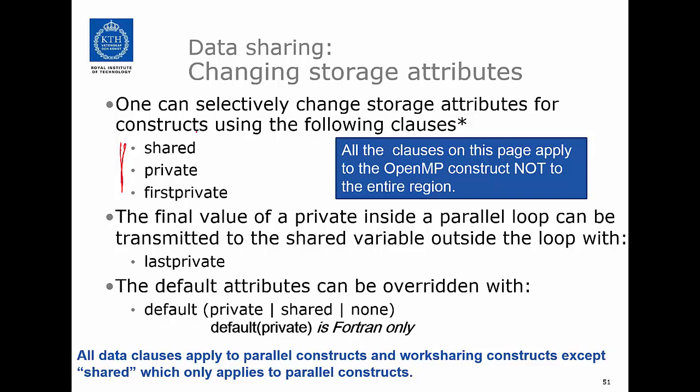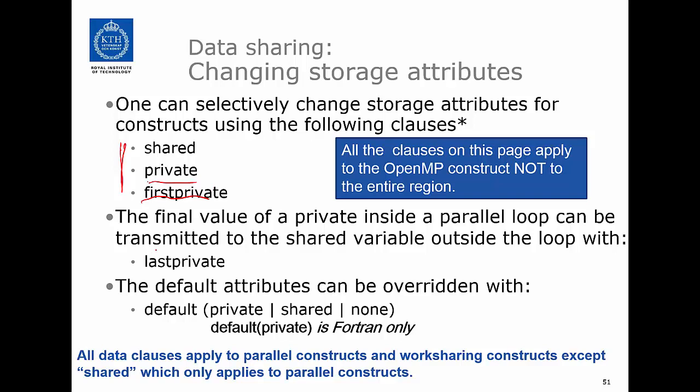This is useful only in Fortran actually, because things that are private by default cannot be made shared in OpenMP, but shared variables that are shared by default can be made private. It's opposite in Fortran. Anyway, private specifies that a variable that otherwise would have been shared is going to be private for a thread. Firstprivate is the same thing, but it will copy the value of the shared variable to each thread's private variable.